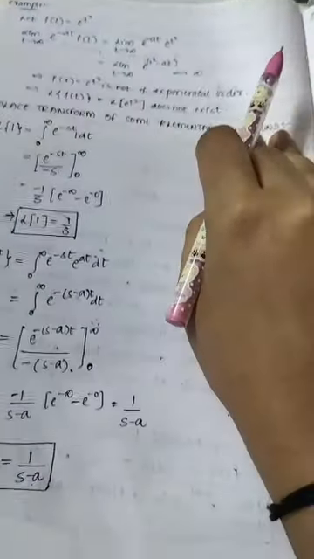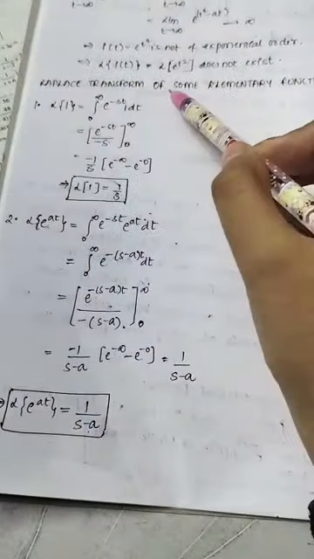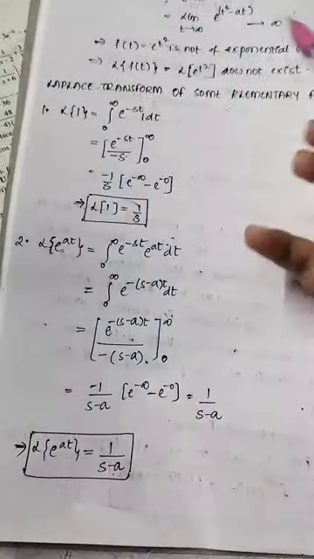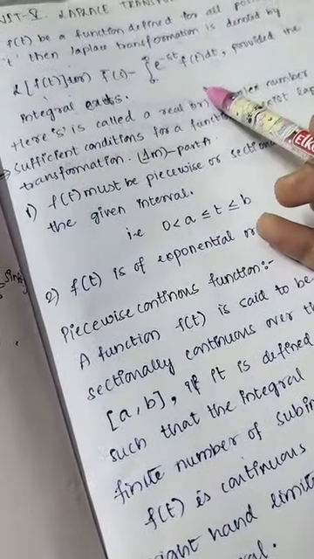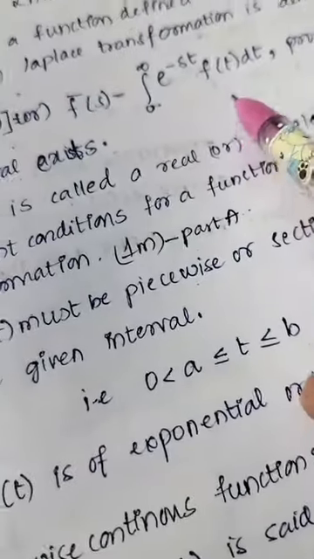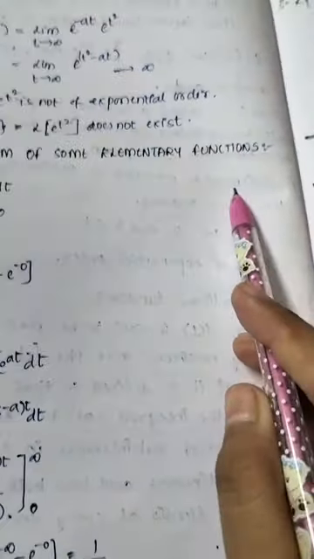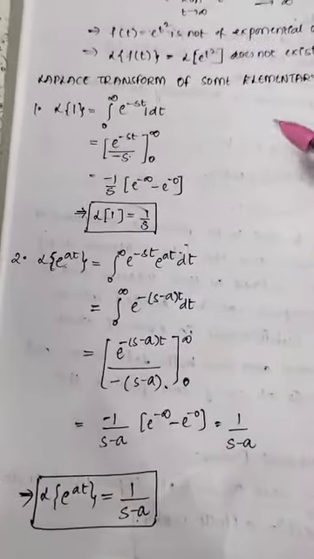Now let us see the Laplace transform of some elementary functions. Generally we know this is the general form in which the Laplace transform exists. So by using this form we are going to derive the transforms of some elementary functions. So let's get started.